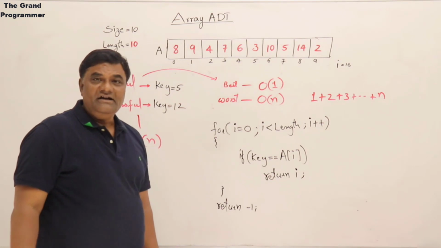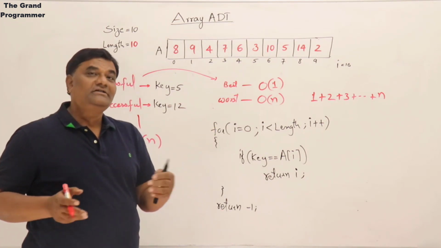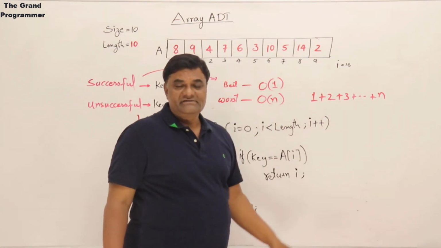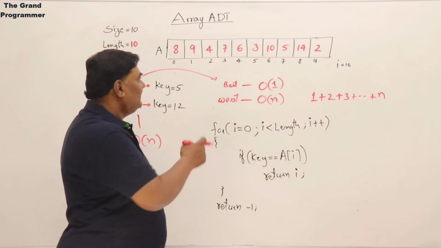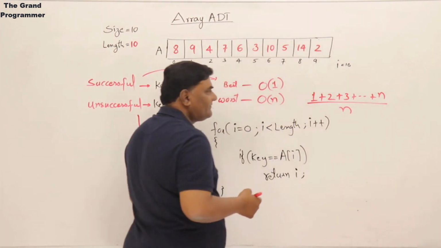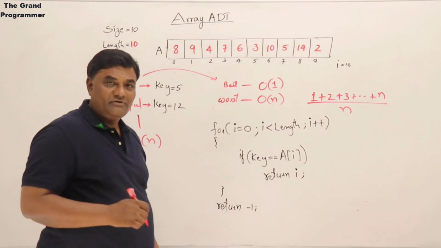So I have taken the time taken in all possible cases, and the total time taken in all possible cases. Then how many cases are there? N elements are there, so n cases are there.